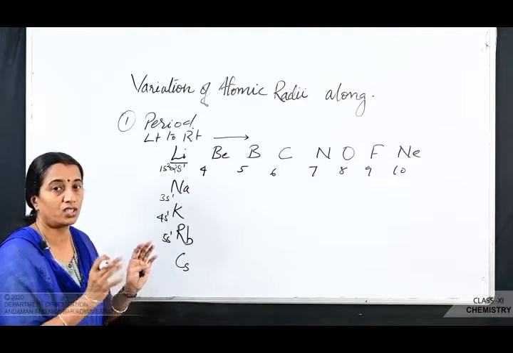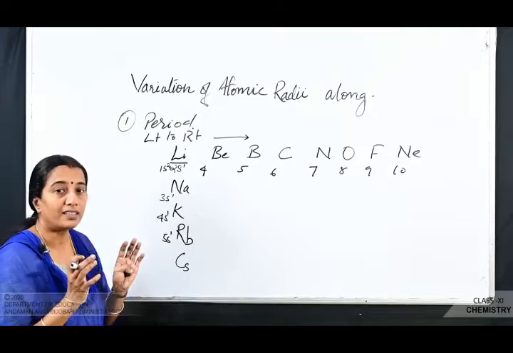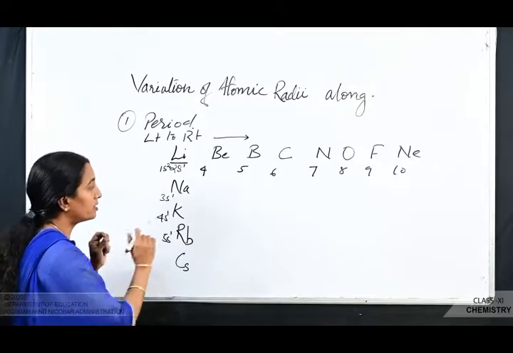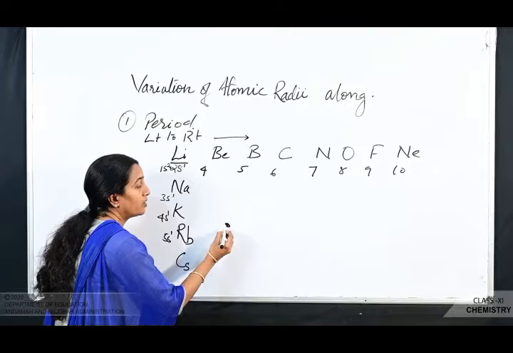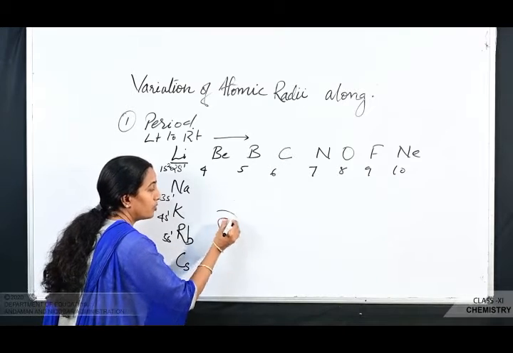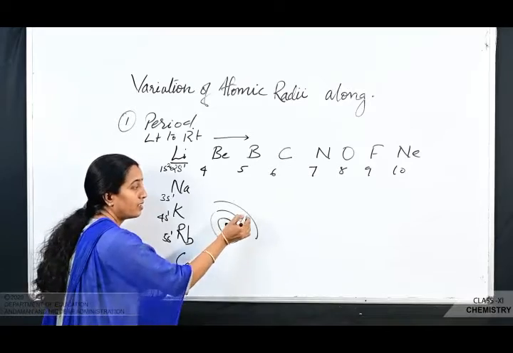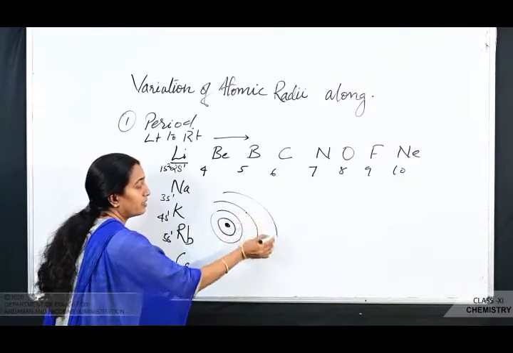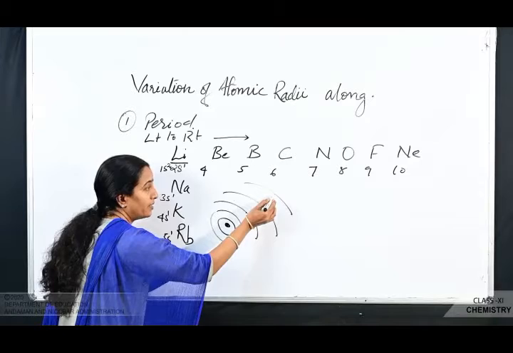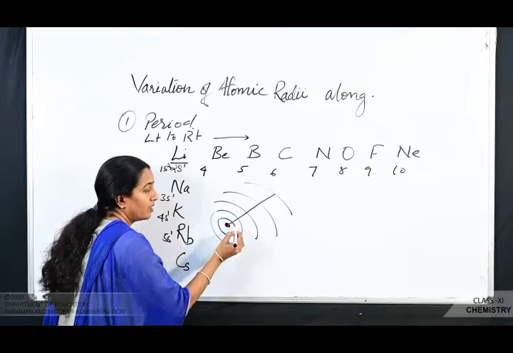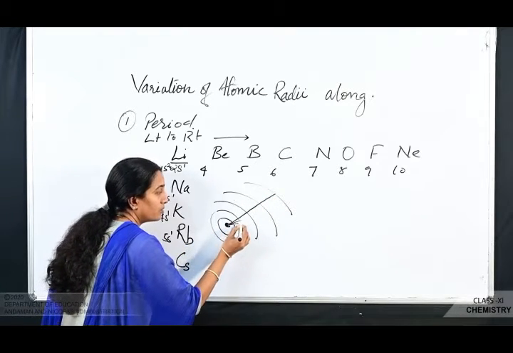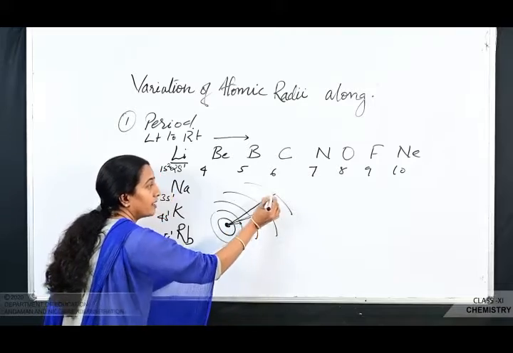The nuclear charge pull decreases. Why? Because of the distance. In lithium only the second energy level is there, in sodium the electron is present in the third, then potassium the fourth. Here we will find the distance goes on increasing.